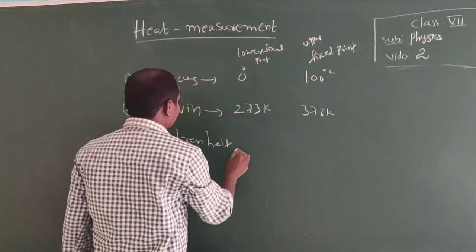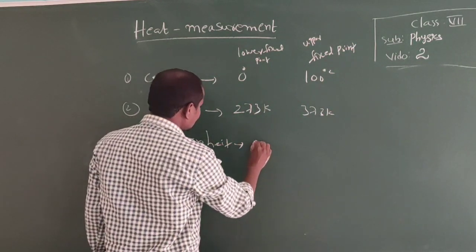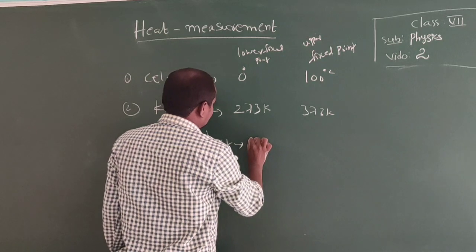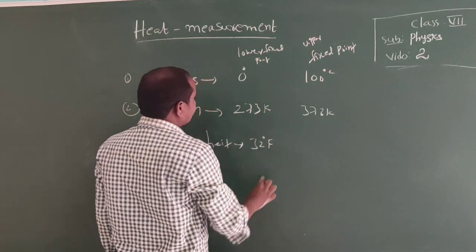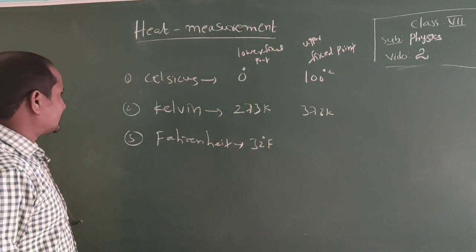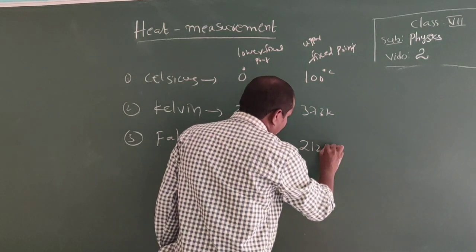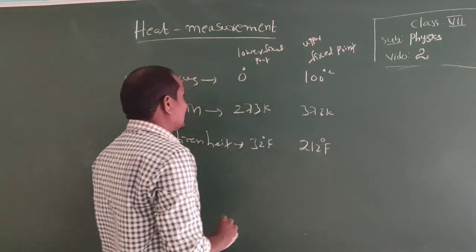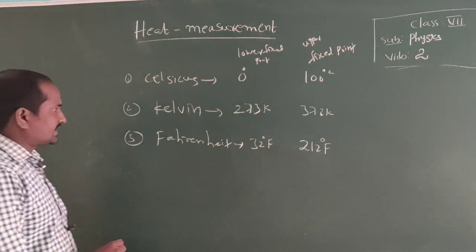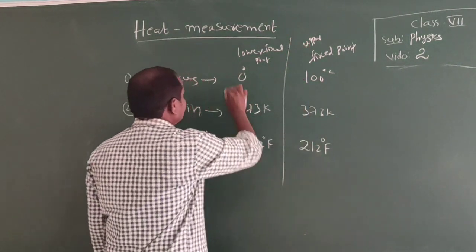In Fahrenheit scale, 32 degrees Fahrenheit is the lower fixed point, that is nothing but the ice point. And 212 degrees Fahrenheit is the upper fixed point, and that is the boiling point of water.